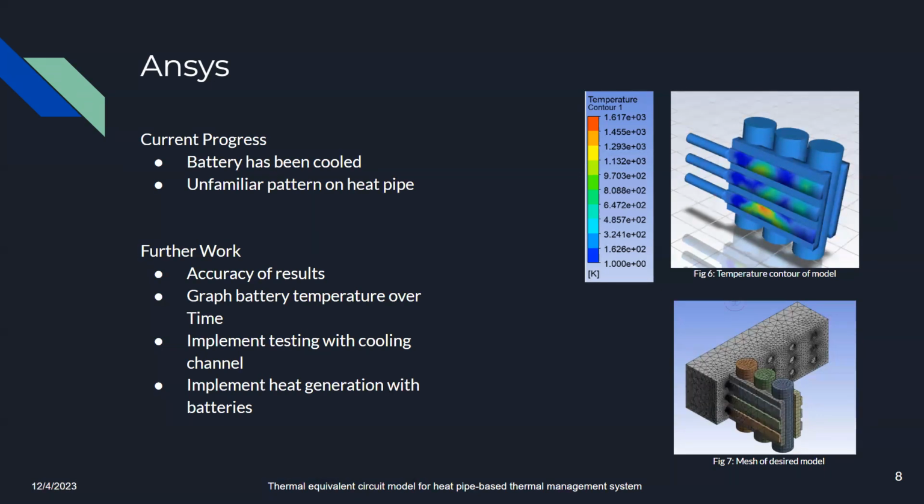So hopefully in our future work for our final presentation on Friday, we can incorporate the wick to get better accuracy of the results. And for further research, we want to graph the battery temperature over time. And then we also want to implement testing with the cooling channels as well as implementing heat generation with the batteries.